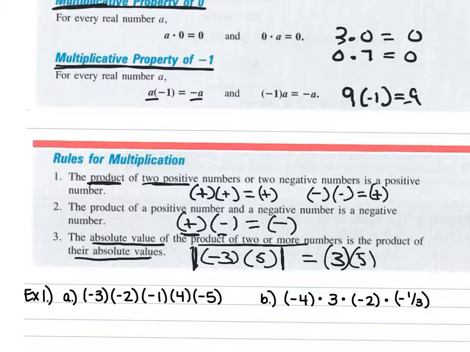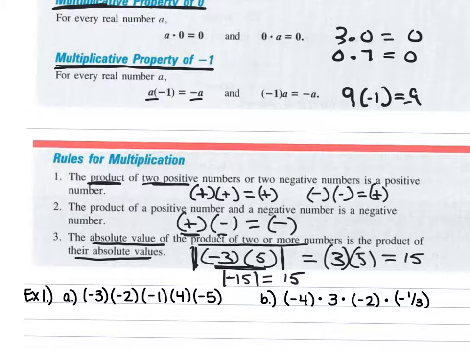Those two things are the same thing. As long as we're multiplying, it's like making each one of them positive, which would then be 15. Because even if you did this the long way, -3 times 5 is -15. If you take the absolute value of -15, that would just end up as 15. You notice it's still the same thing there.